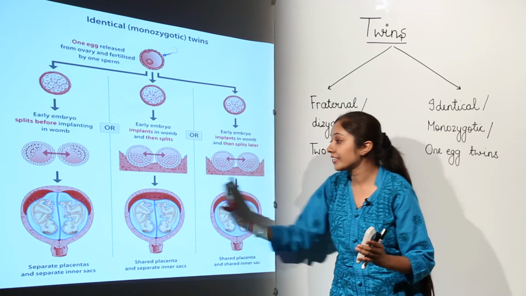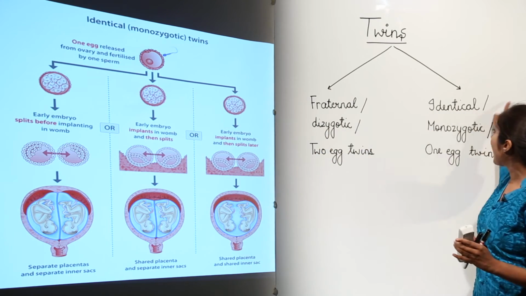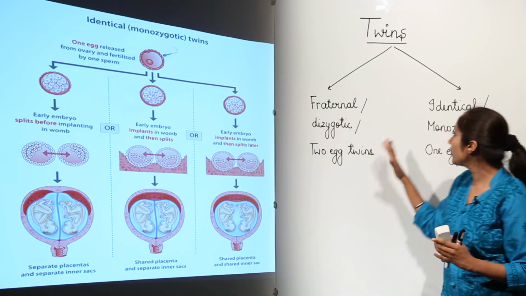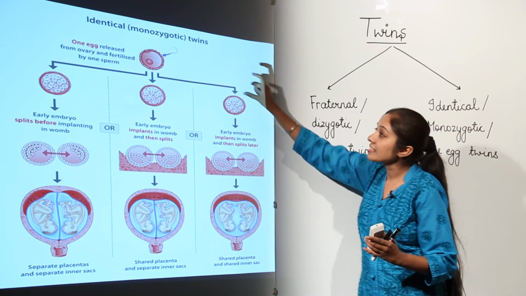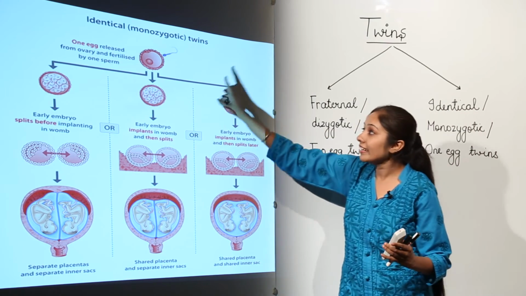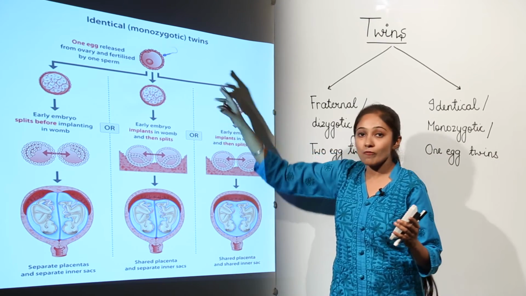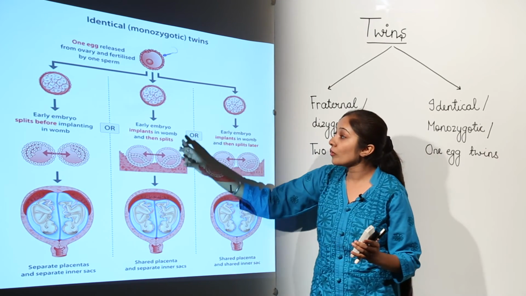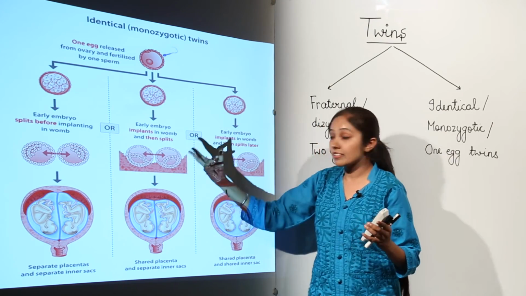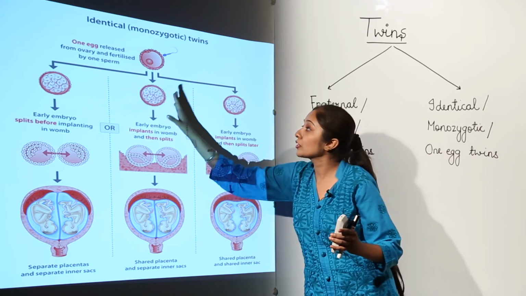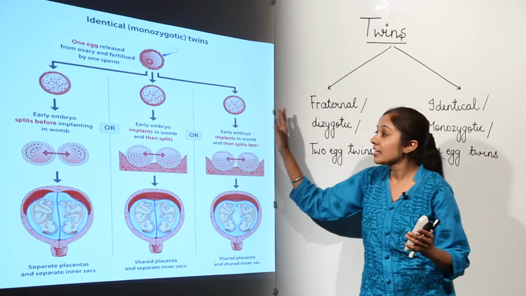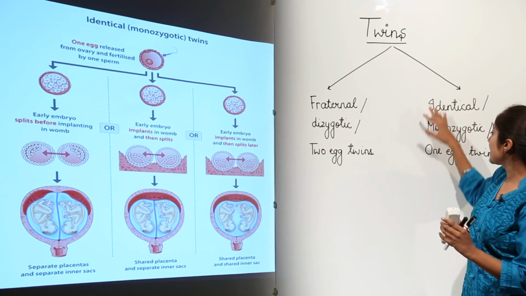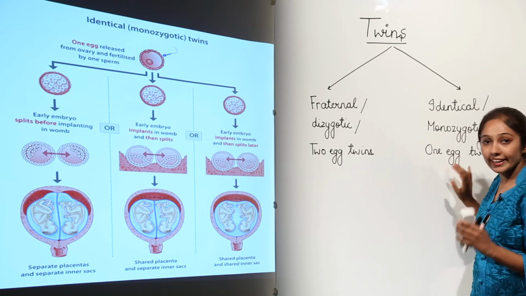But in all three cases there will be identical twins. These twins are identical because they are monozygotic, meaning they have arisen from the same zygote. There is one egg and one sperm which fuse to form the zygote, and this zygote splits after the formation of the blastocyst. After this splitting, there are identical, or monozygotic, or one egg twins.